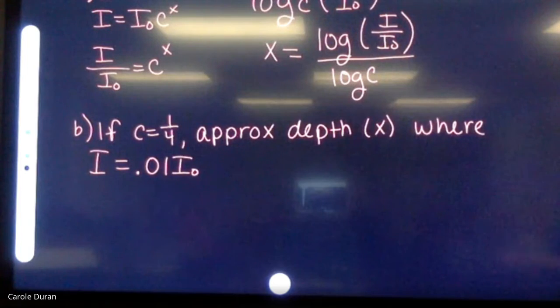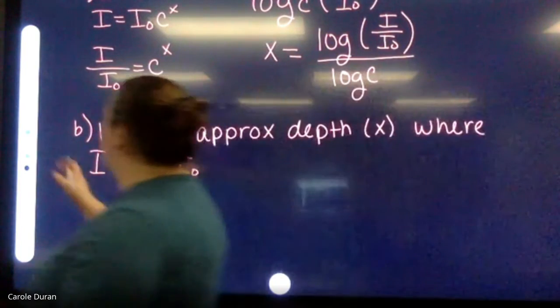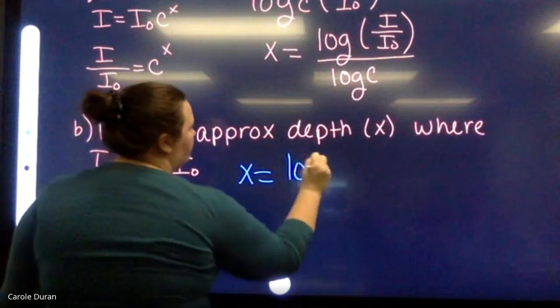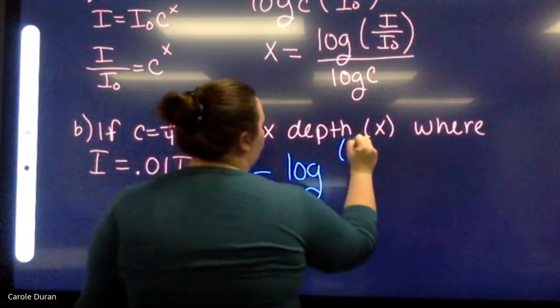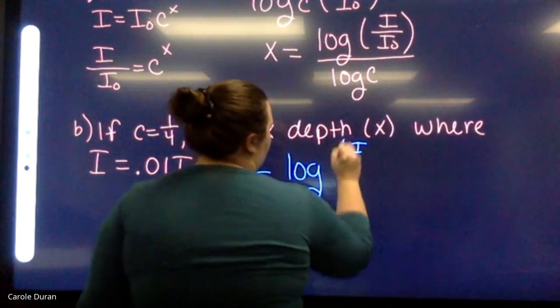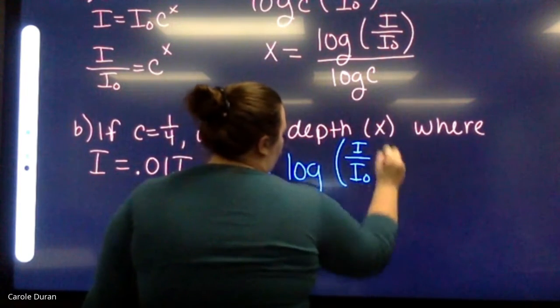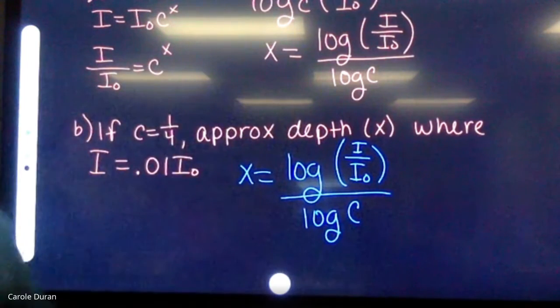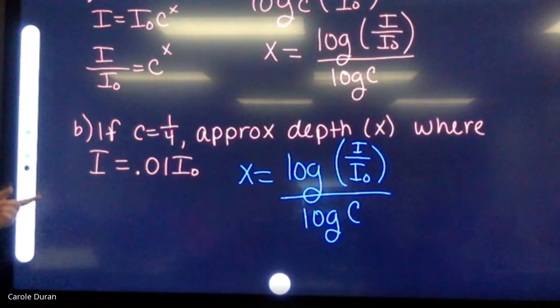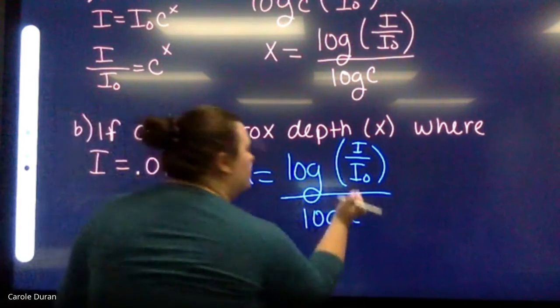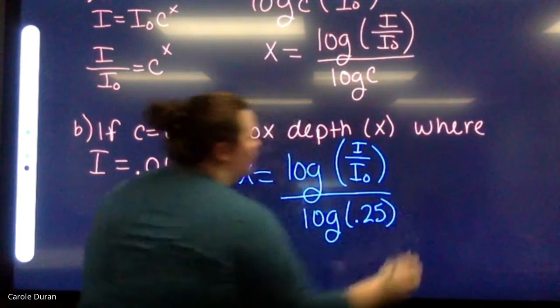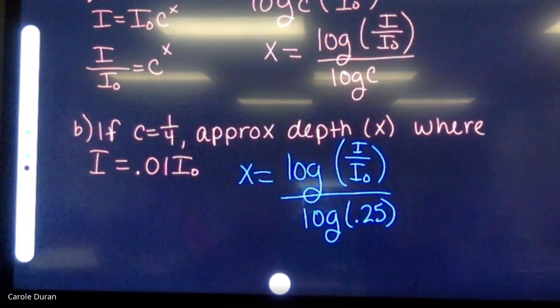So I'm going to rewrite the equation, obviously, and then we'll go from there. So my equation is x equals log of I over I naught all over log of c. So it told me in this specific problem that c is going to be what value? So I go ahead and I put that in there. I'm going to put it in as a decimal though because that's going to be easier for me. So 1/4 is the same as 0.25.